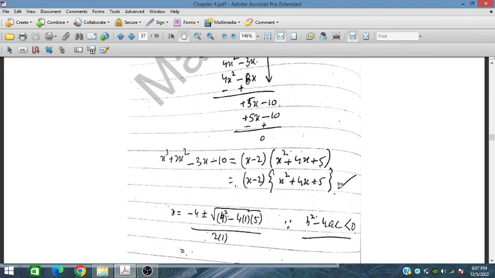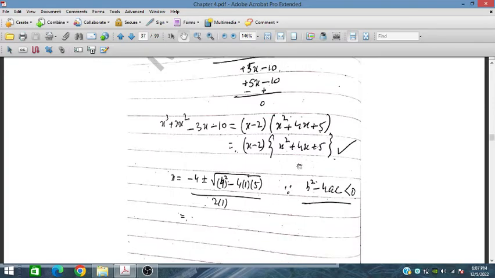So that's why we cannot further factorize it in real terms. However, it can be factorized with imaginary or complex numbers.